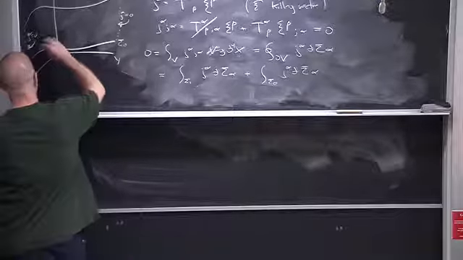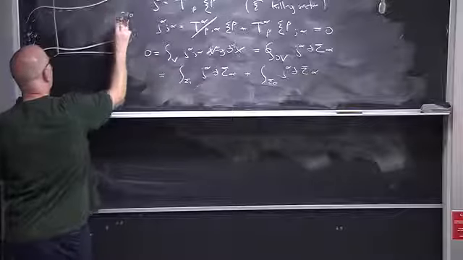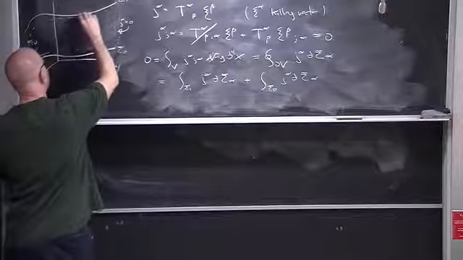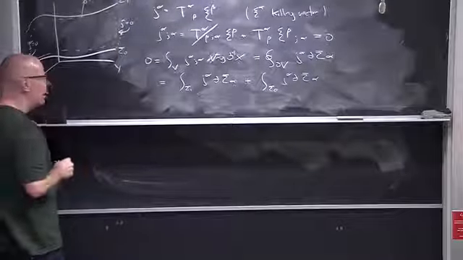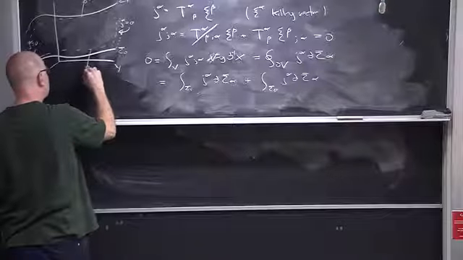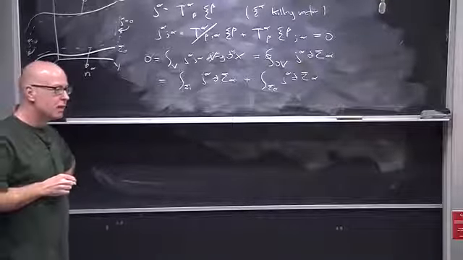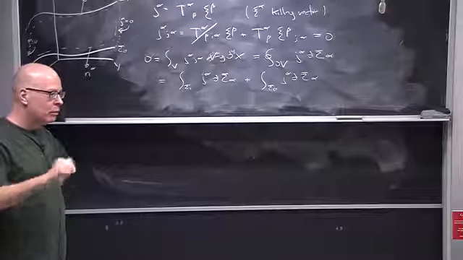If we imagine a smoother version of that closed surface, the outward pointing normal would be future directed here, but it would be past directed there. And of course, we don't want to do that. We want to flip it around.